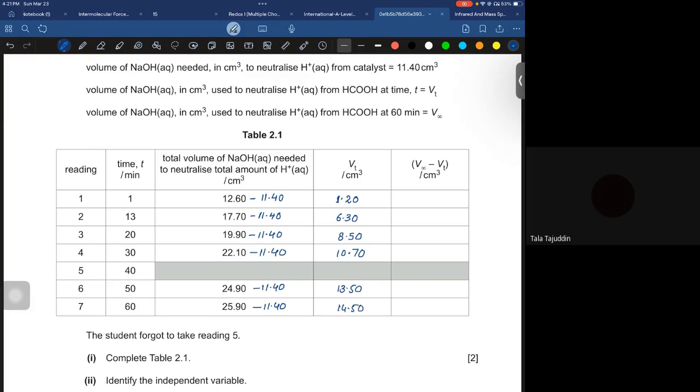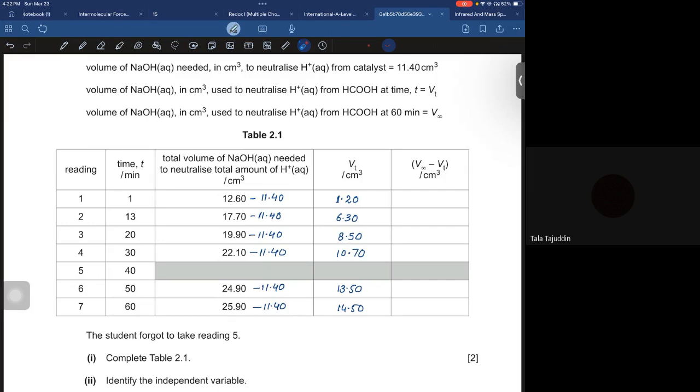Then what I would be doing is V infinity minus Vt. Of course, V infinity is the volume of NaOH in cm³ used to neutralize H+ from methanoic acid at 60 minutes. That is V infinity.